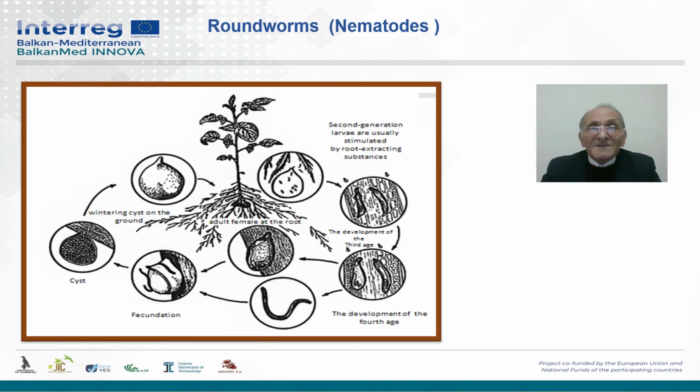This is a developing cycle of roundworms, so-called nematodes. Nematodes are another big group, making very big damage in some crops, especially in vegetables, in the glass houses and the field. This is a big group and very dangerous.